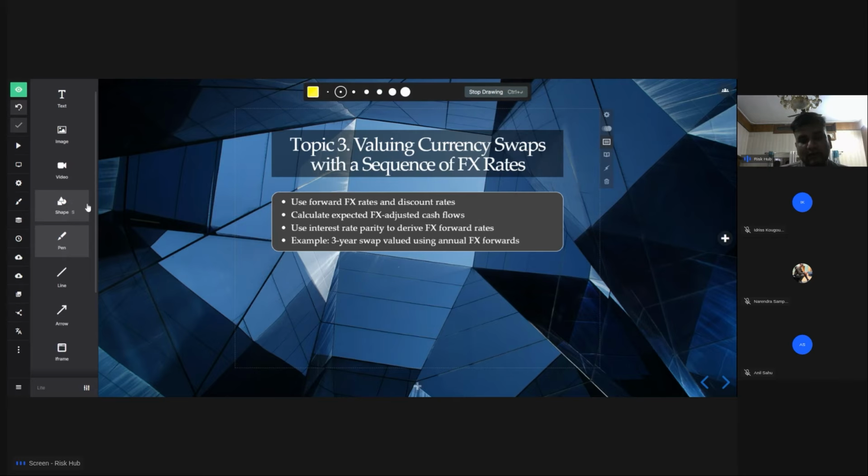So if I have to write down the crux of this whole thing, what they want to explain is that whenever we are trying to find value for a fixed currency swap, you first of all define the legs for different currencies, USD and everything. Then you gather your spot FX and your fixed rates.